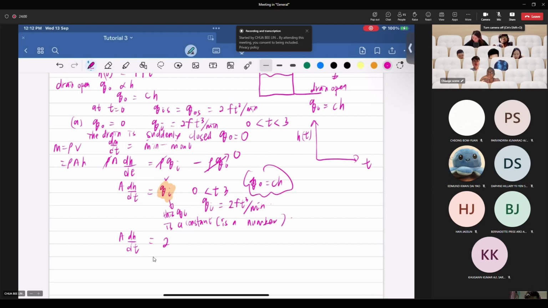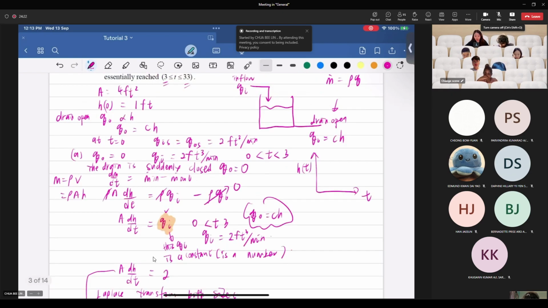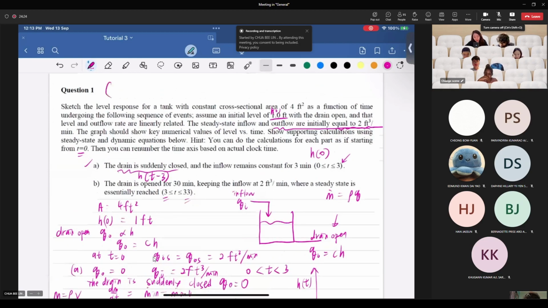Okay, then you can Laplace transform both sides. You'll be getting A times sH(s) minus H0. So this is not a transfer function example. That's why I say it's an additional question using a Laplace transform.